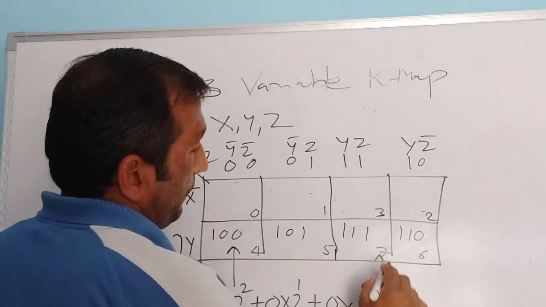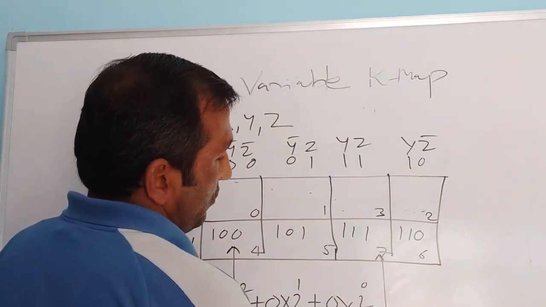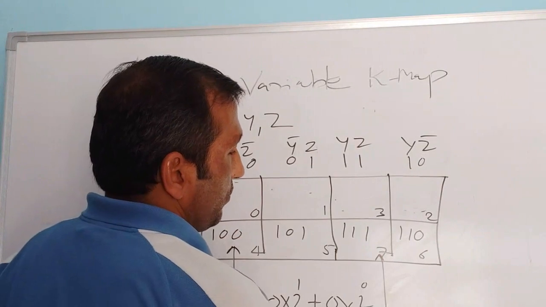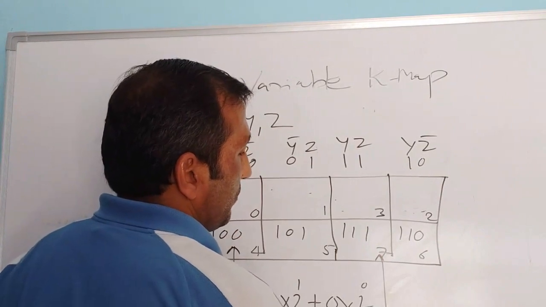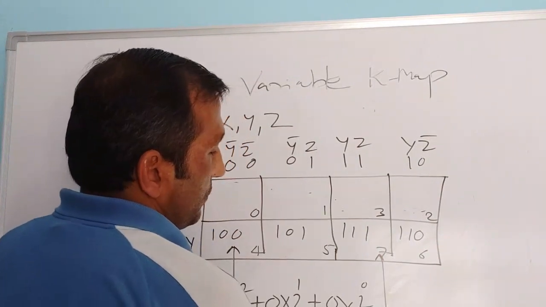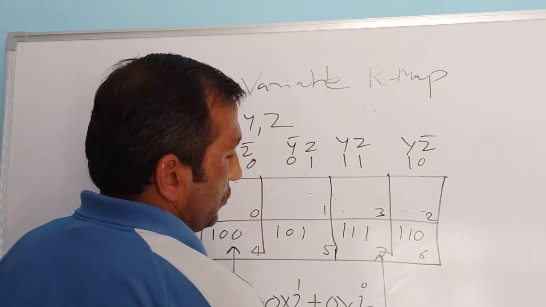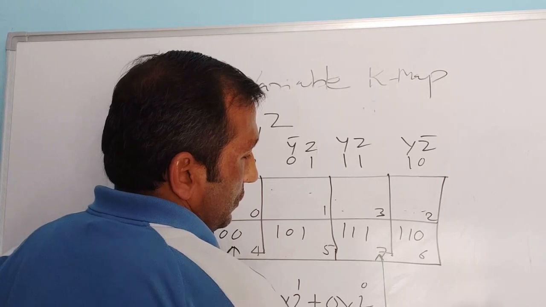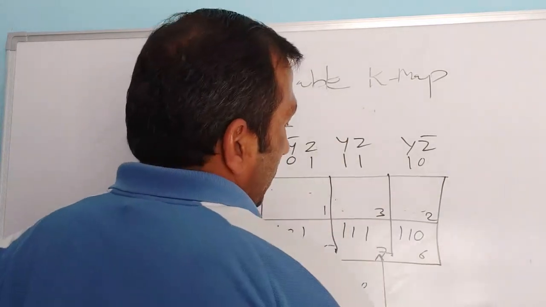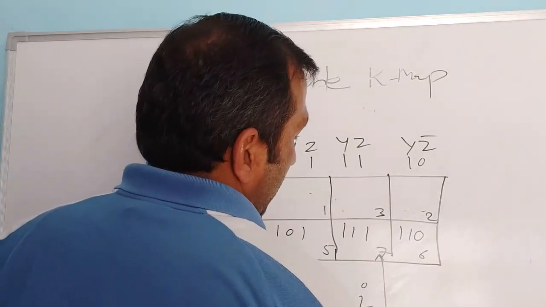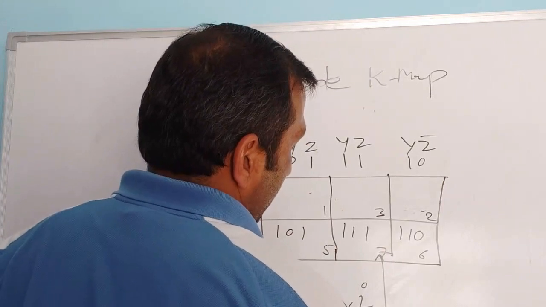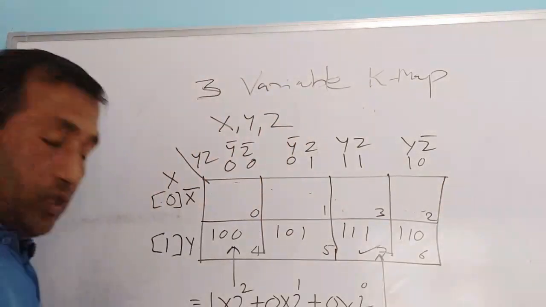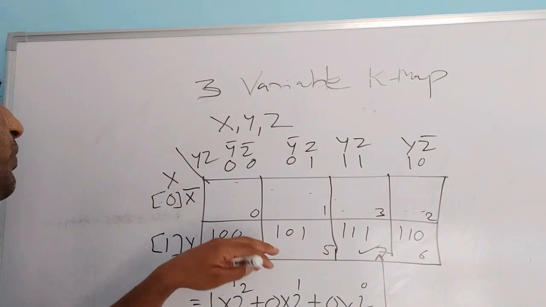So 1 multiplied by 2 to the power 2 plus 1 multiplied by 2 to the power 1 plus 1 multiplied by 2 to the power 0. 2 raised to power 2 is 4 and then it is 2, and any number raised to power 0 is 1, 1 into 1 is 1. So 4 plus 2, 6 plus 1, 7. So I think it is proved. So now you must have understood how we do the numbering.